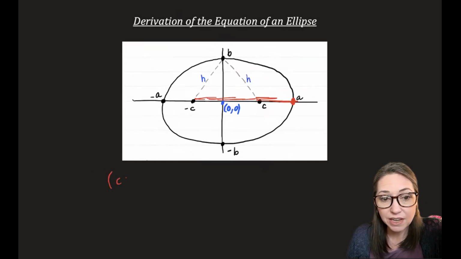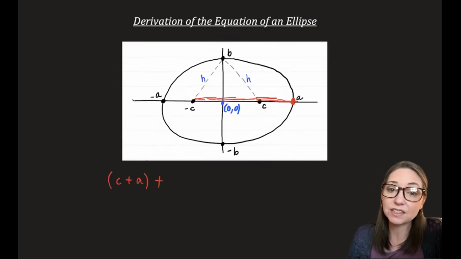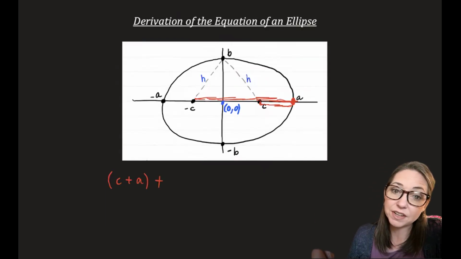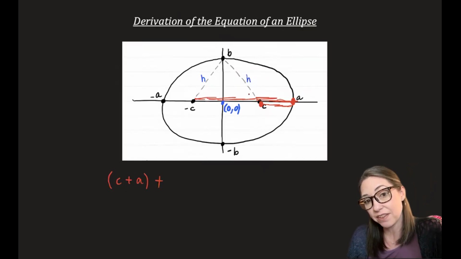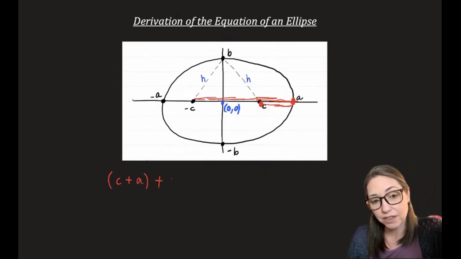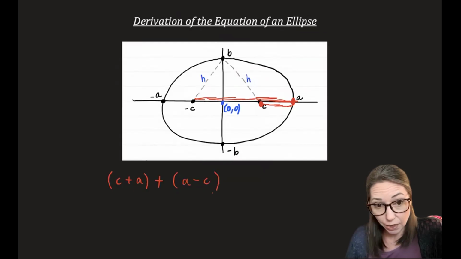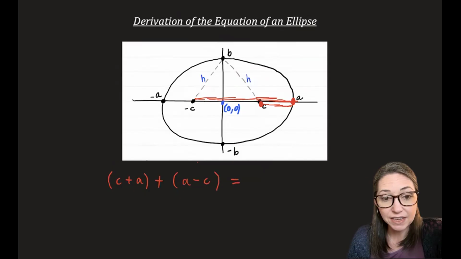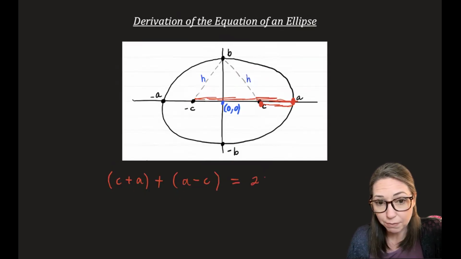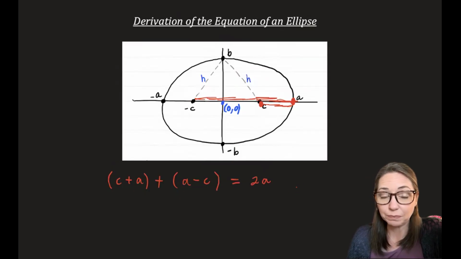So that distance is C plus A. And that distance plus the distance from that vertex back over to the other focus, which is A minus C, because the distance from the origin to there is A, take away the distance from here to here, C. We know that the total is a constant. But first, let's simplify: C plus A minus C. We have two A's, A plus A makes 2A, and your C's cancel.